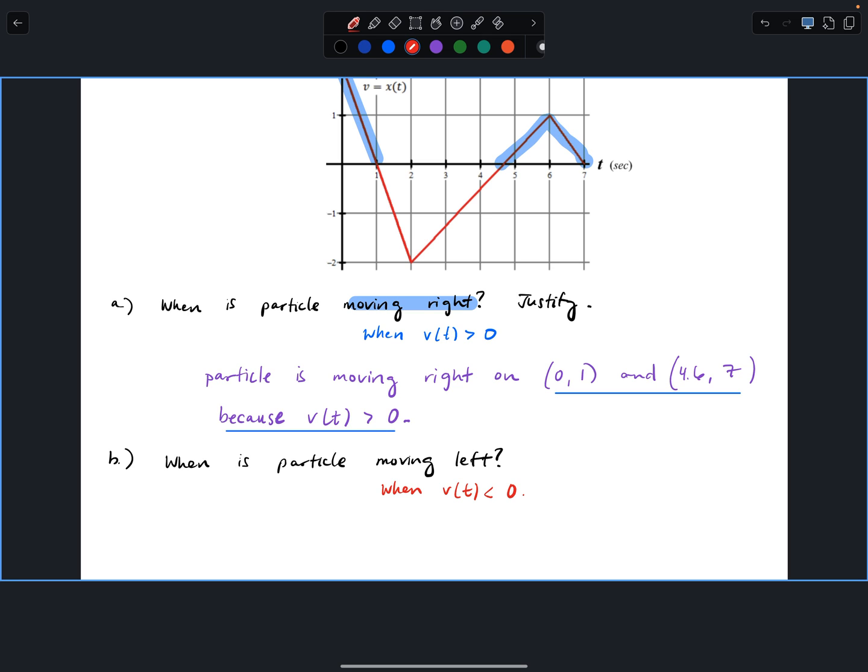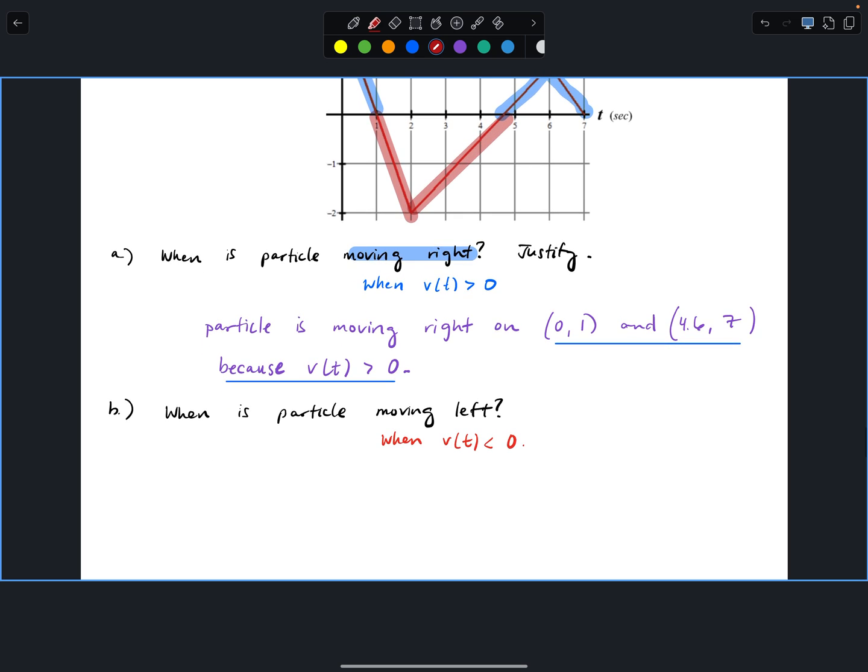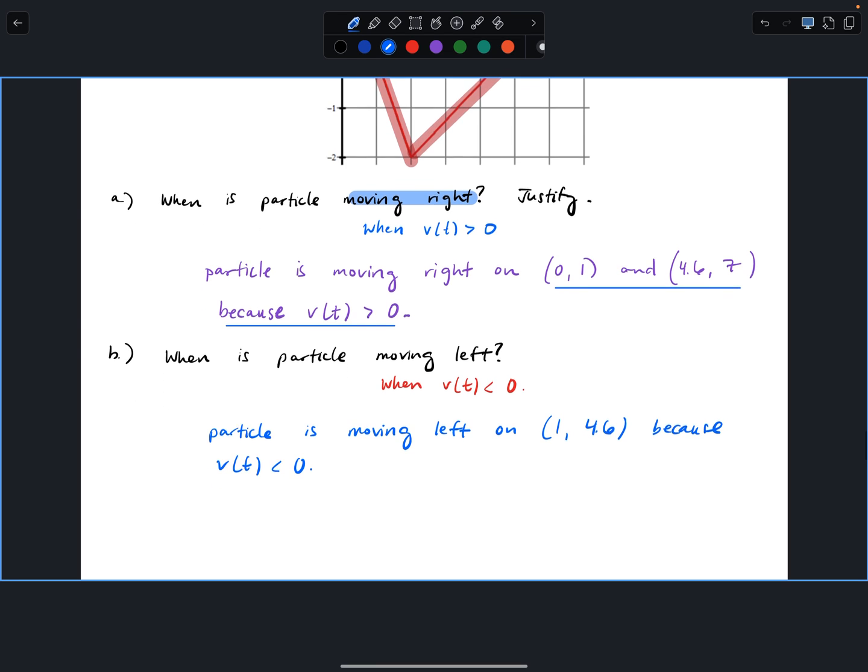Between which two numbers? 1 and what did we say this was? 4.6. We're not going to include 7 this time. 1 and 4.6. So it's moving left on 1 to 4.6 because the velocity is less than 0. Okay.